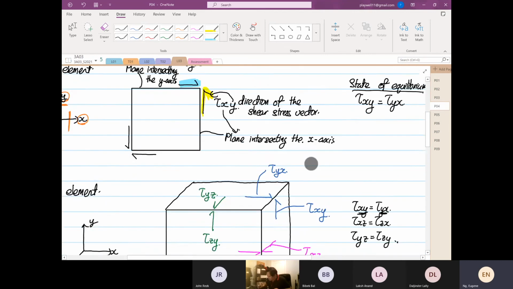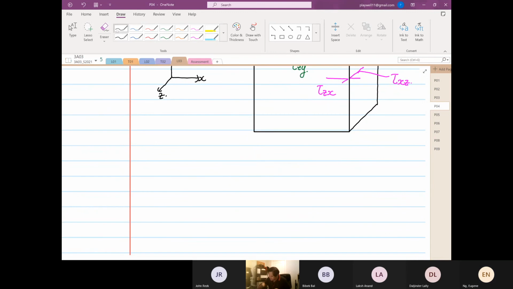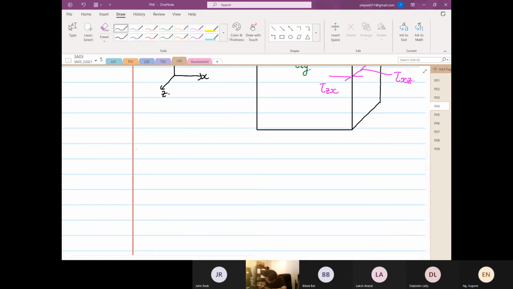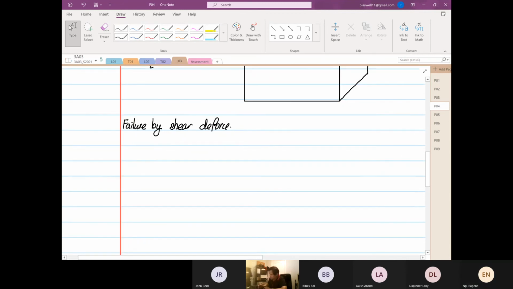So let's look at failure by shear deformation. Sorry.